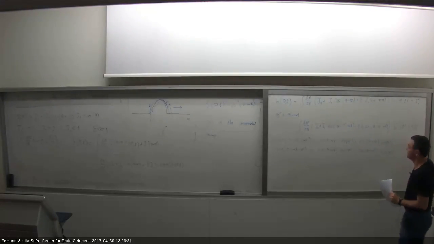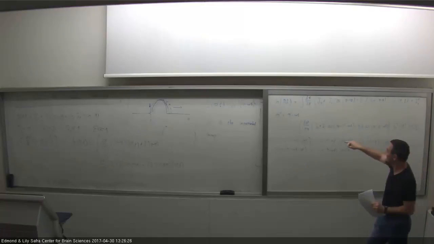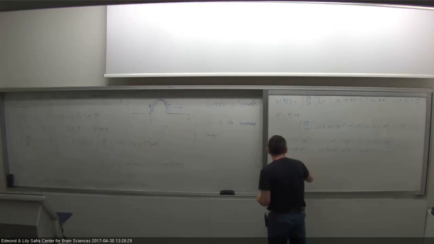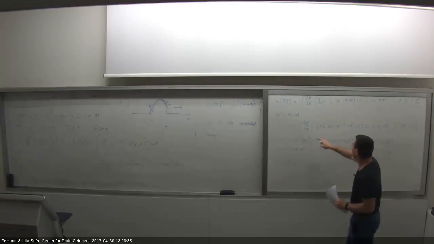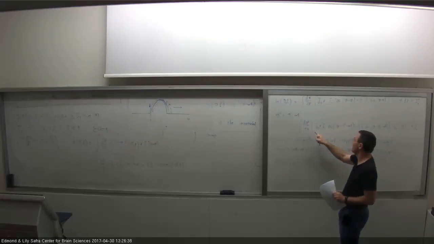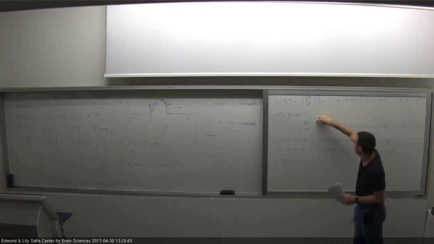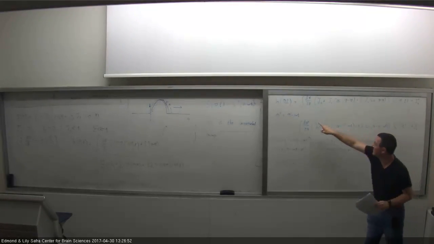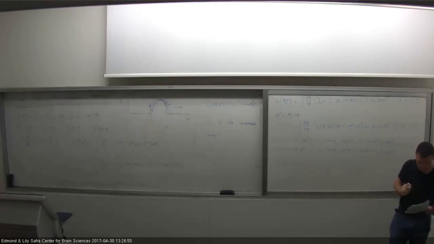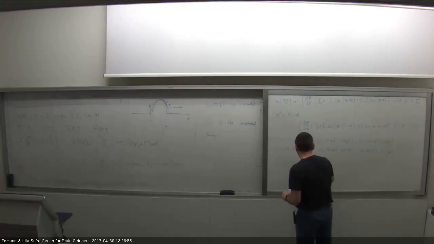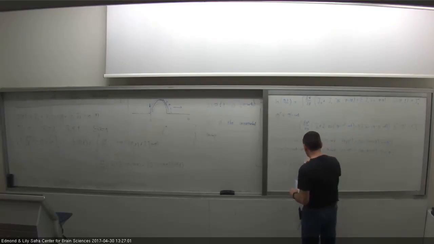Let's do this integral. Let's be bold and do it in one step. Okay, so we have h of theta and t is equal to integral d theta prime prime over 2 pi of j0 s theta prime prime is equal to this term, the first one, j0 times s theta prime prime integral d theta prime prime over 2 pi. j0 a0 over 2.